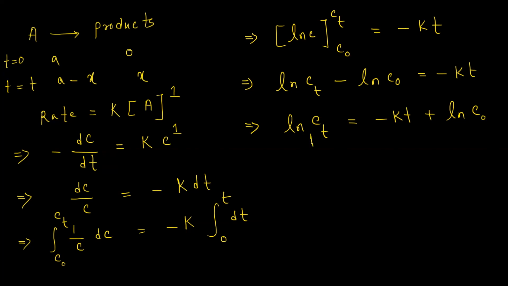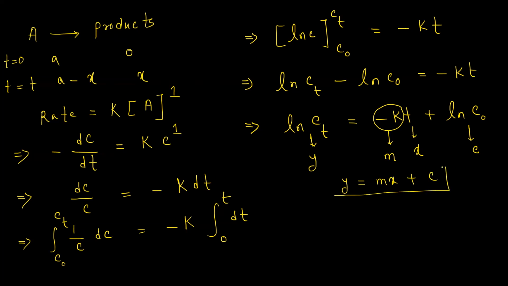Now we can take ln ct as y, we can take ln c naught as small c, we can take minus k as small m, and t as small x. So we can find the equation of a straight line. It is y is equal to mx plus c.